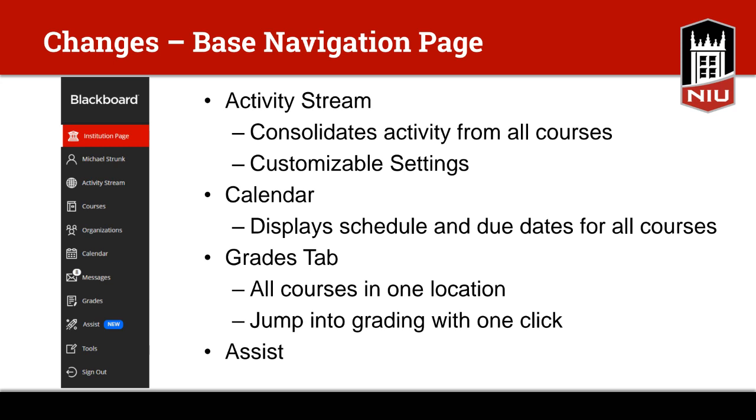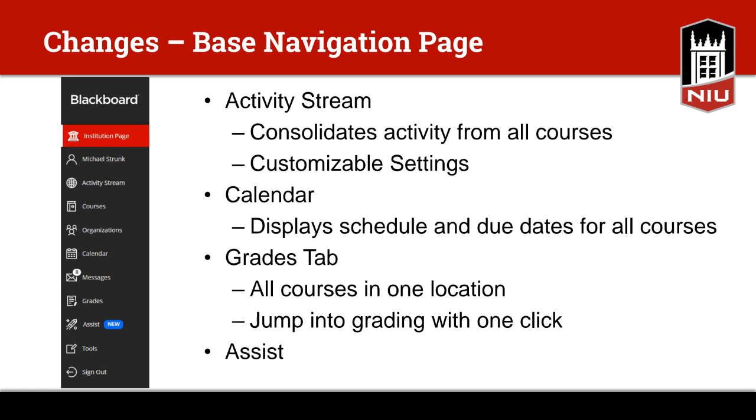So this sort of has replaced that needs grading function in the Blackboard original. If you go to your grades tab, you will see all your courses displayed. Any work that has been recently turned in and needs grading will show up there. And it's nice because you can then jump into the grading workflow just by clicking on that.